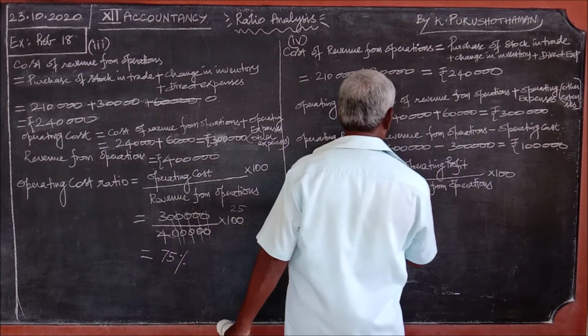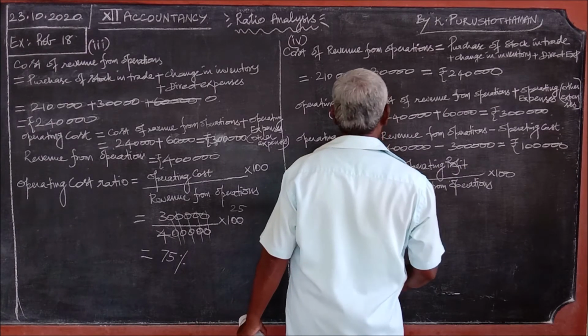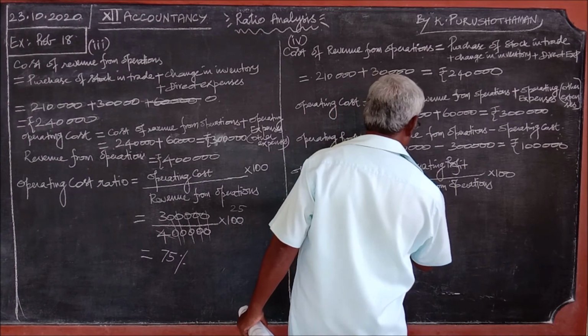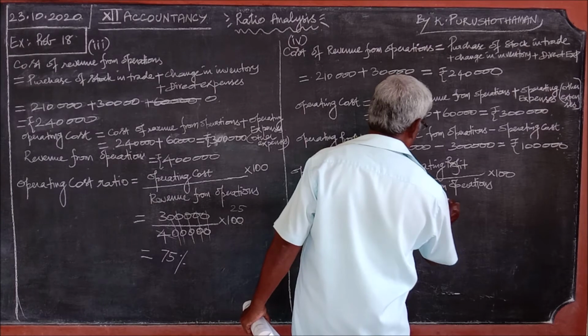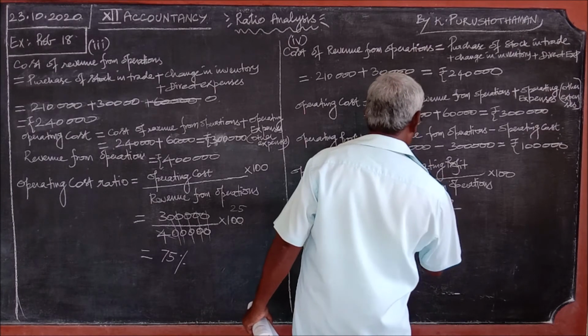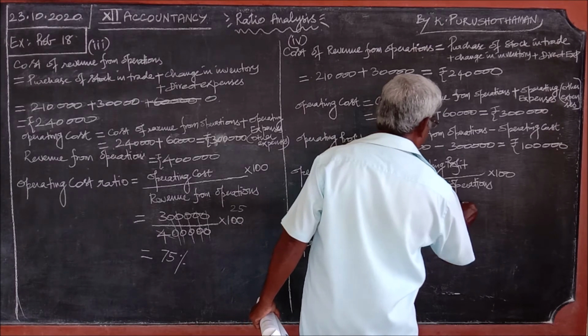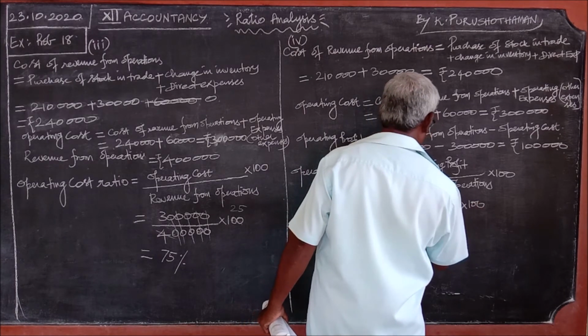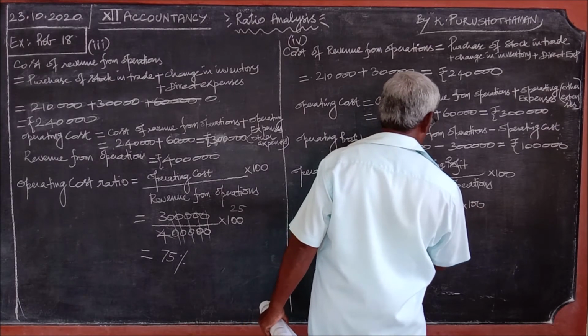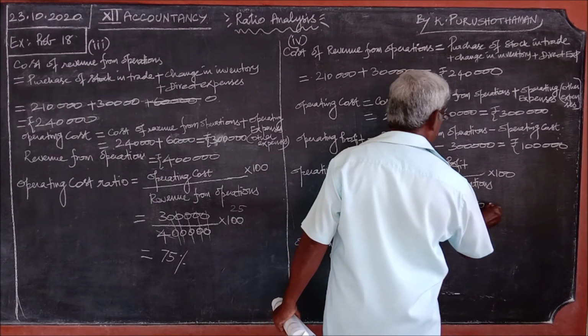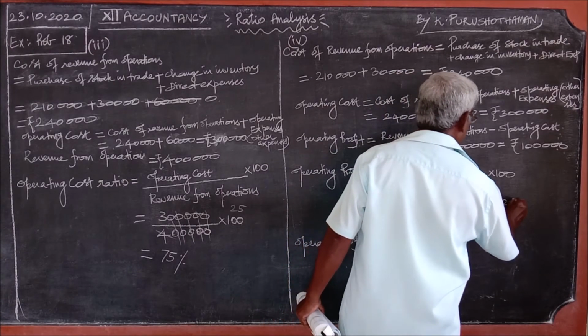Now you can substitute the values here. Operating profit 1 lakh by revenue from operations 4 lakhs into 100, 5 zeros will cancel. 1 by 4 of 100 is 25%.